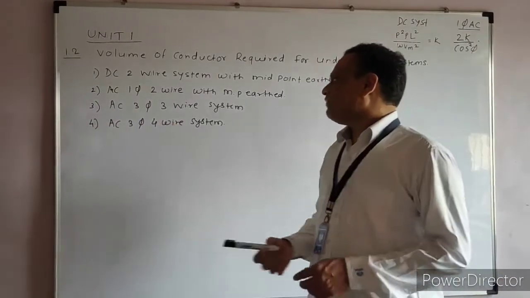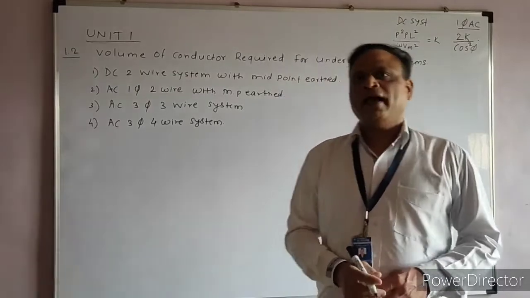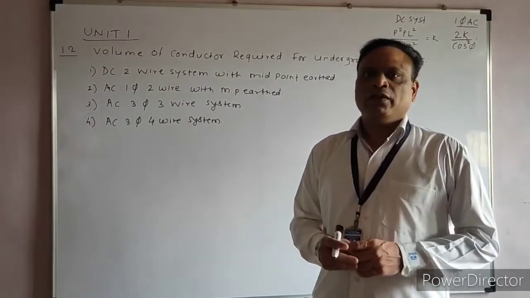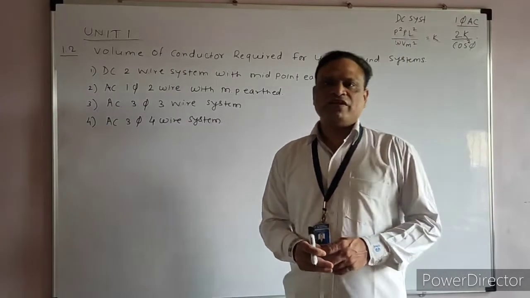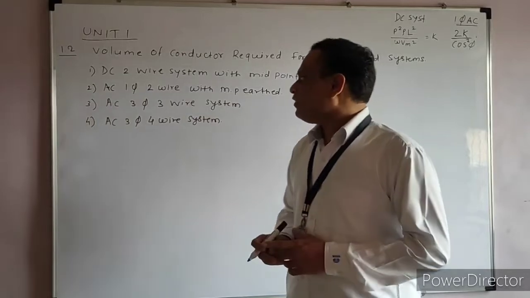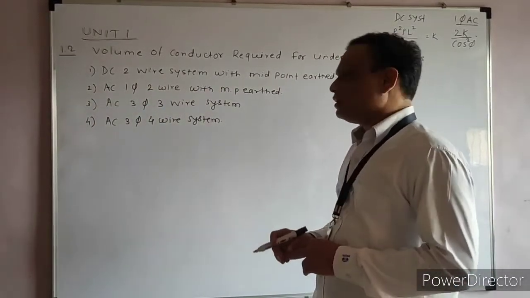Third will be the AC 3-phase 3-wire system, and fourth will be the AC 3-phase 4-wire system. On the basis of this we will compare all the systems and note which system is beneficial and which system is economical.